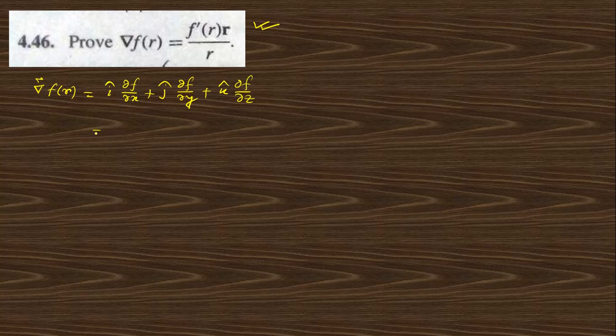So this can be written as i cap del f del r into del r del x, and this can be written as df dr, because f is a function only of r. So this is df dr into del r del x, plus j cap df dr into del r del y, plus k cap df dr into del r del z.